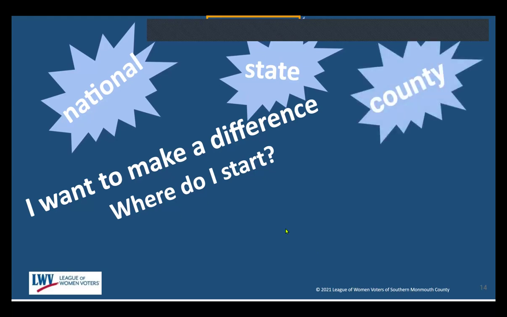On the county level, we have commissioners who make decisions like, are we going to have a new county park? And if so, how are we going to make the park as environmentally friendly as possible? Or if it's a county college, how are we going to make sure that things stay neat?